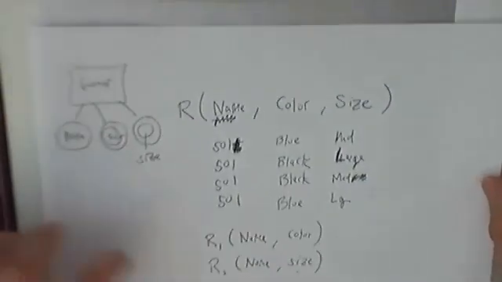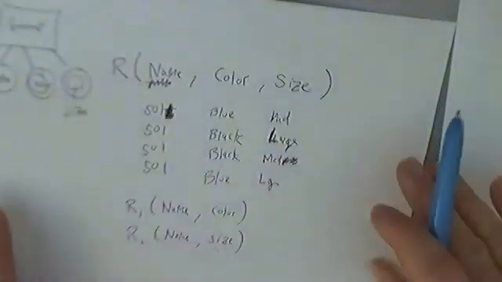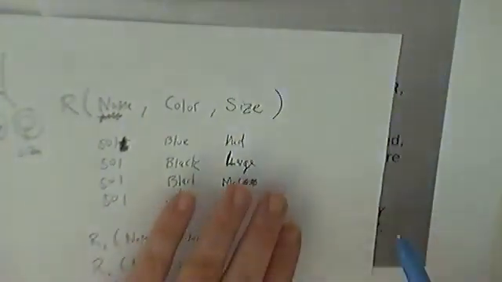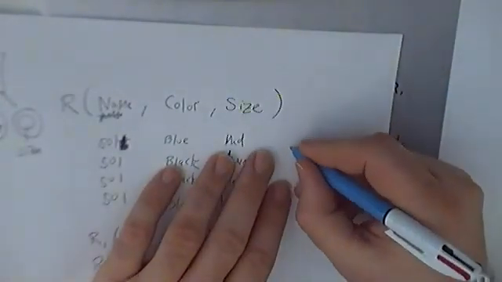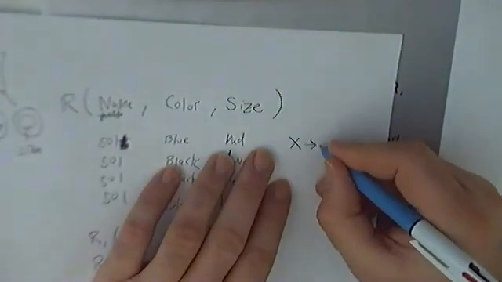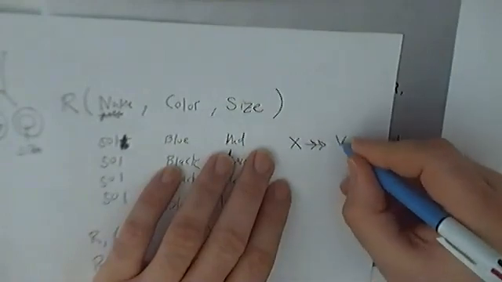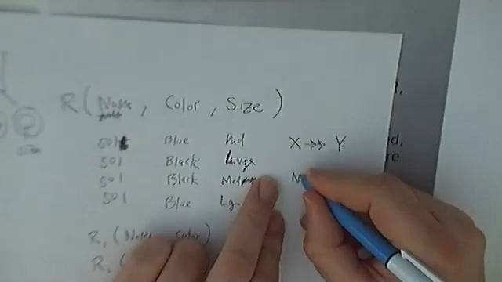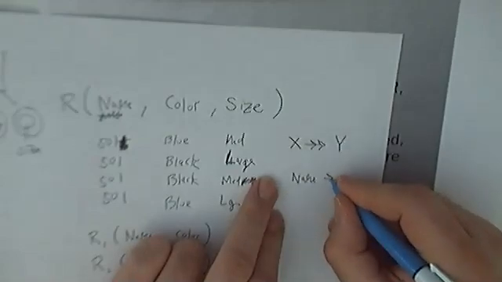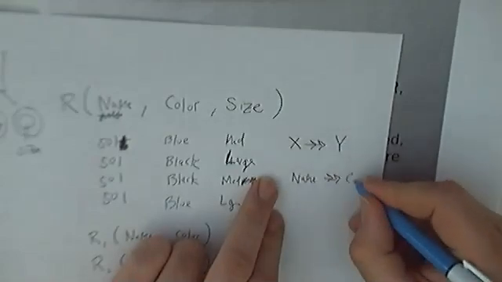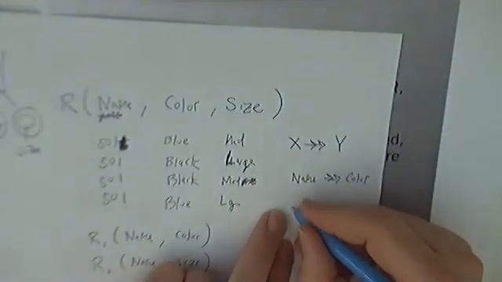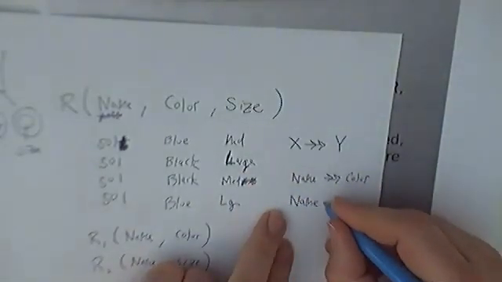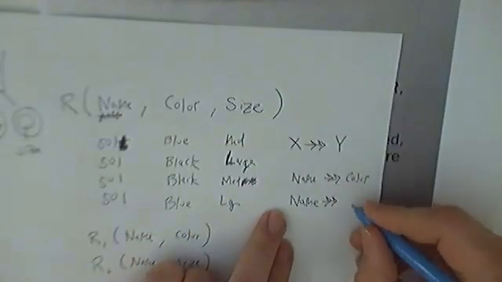Now, when we look at this, I'll keep returning back to this here. This relation is actually under two multi-value dependencies. This is how we represent a multi-value dependency, by the way. So we have name multi-determines color and name multi-determines size.